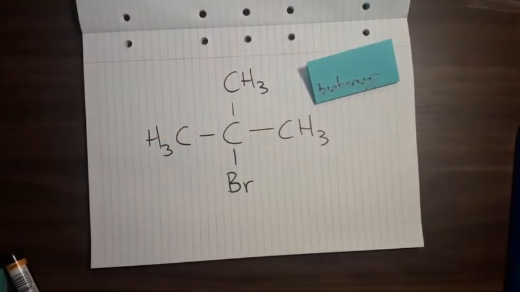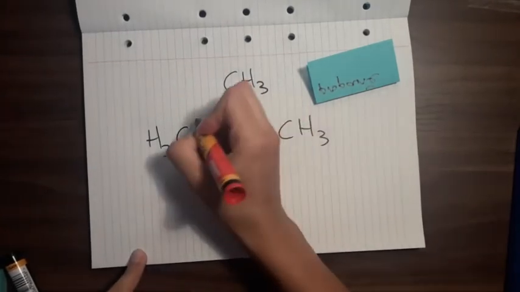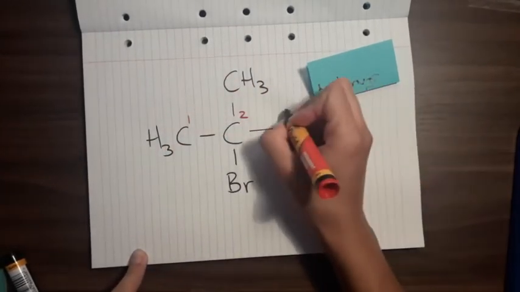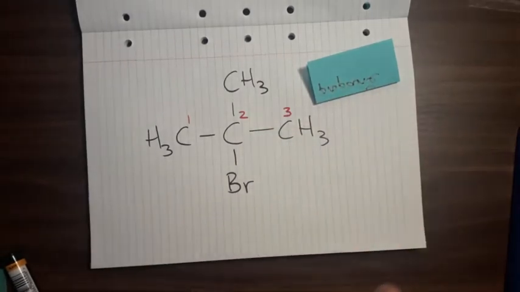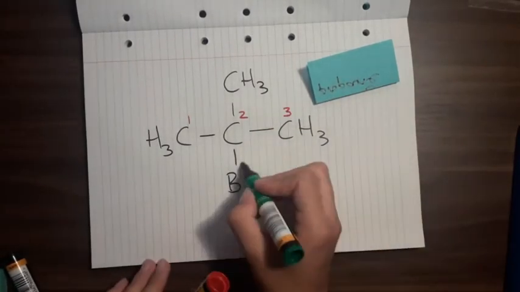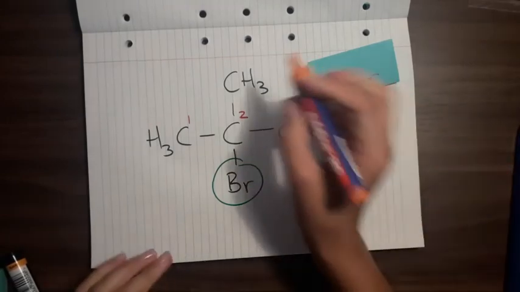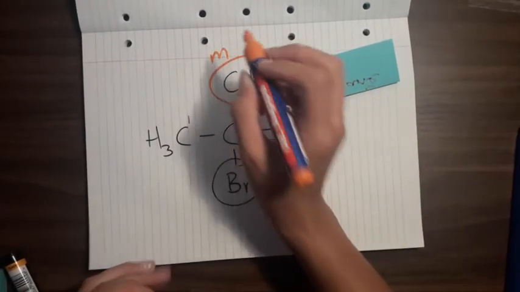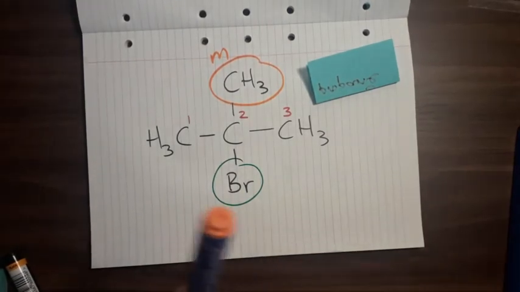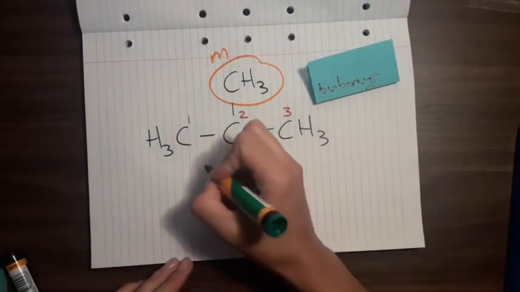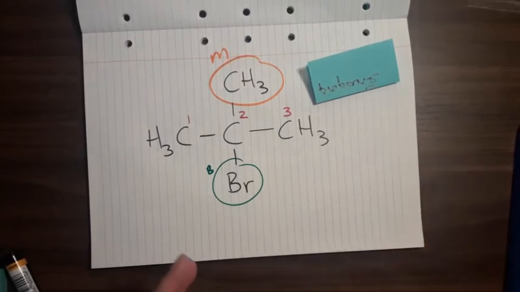Instantly here I see 3 carbons in a parent chain. Doesn't probably matter what way you number these, because it's pretty symmetrical. We've got a bromine attached to carbon number 2. We also have a methyl attached to carbon number 2 as well. So when we've got different branches, we need to number them alphabetically.